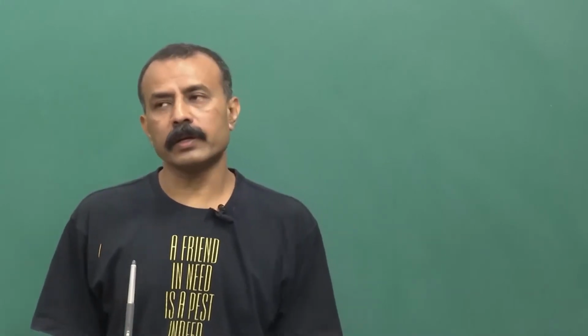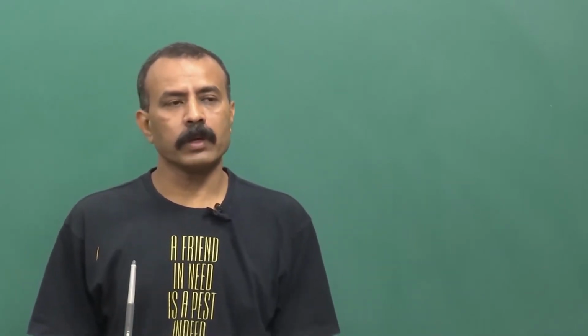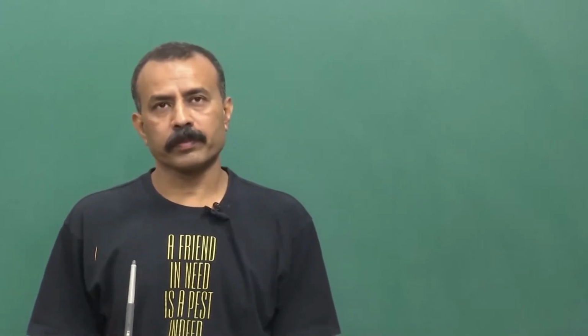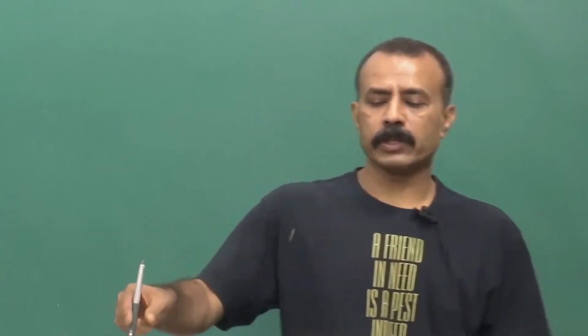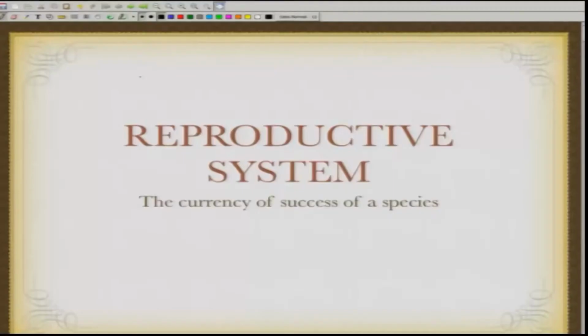It has a cyclicity, it has a pattern, and in its lifetime, it has a finite number of eggs it can produce. Of course, whether there is a finite number of sperm, we cannot say with certainty, but definitely the number of sperm and the period a man can produce sperm is higher than a female. So, with this background, we will start this journey, our last class, on the currency of success of a species, the reproductive system.